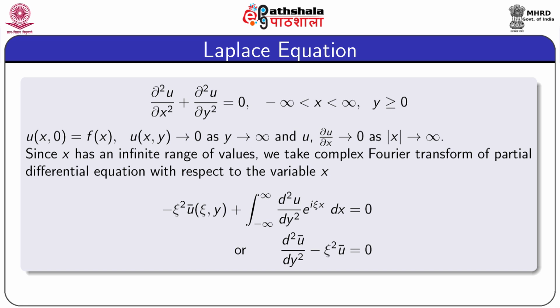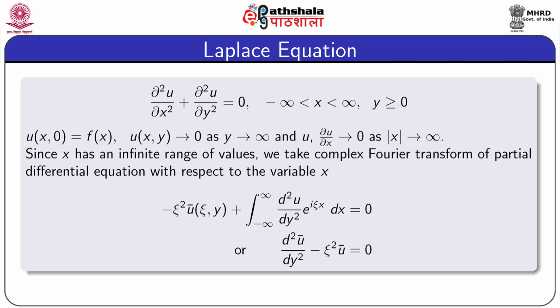We also have the initial condition u(x,0) equals f(x), and u(x,y) tends to 0 as y tends to infinity. We have u and del u by del x both tend to 0 as mod x tends to infinity.